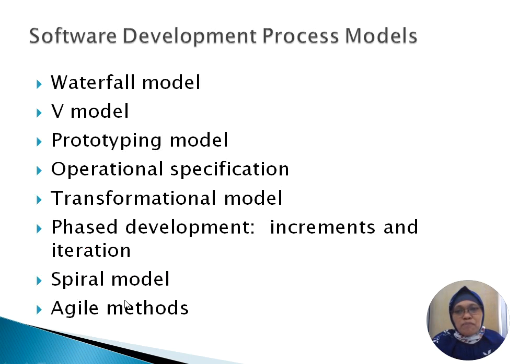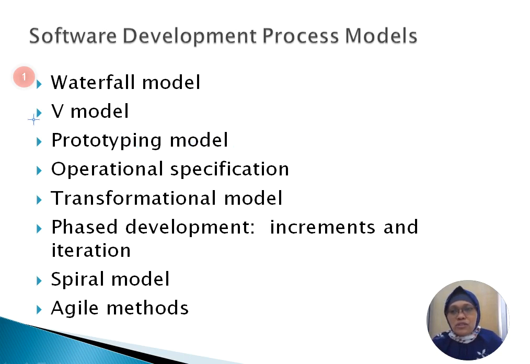What are the software process models that we will learn about? The first one is the waterfall. What is waterfall? Waterfall uses step by step from the first main step of the software development life cycle until the end, and there is no iteration in the waterfall model.